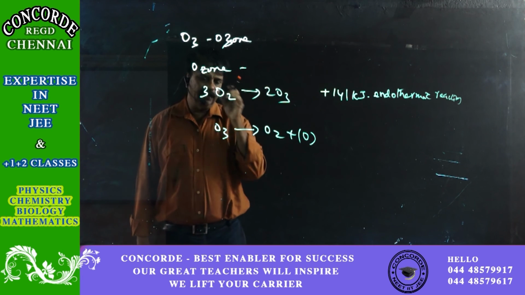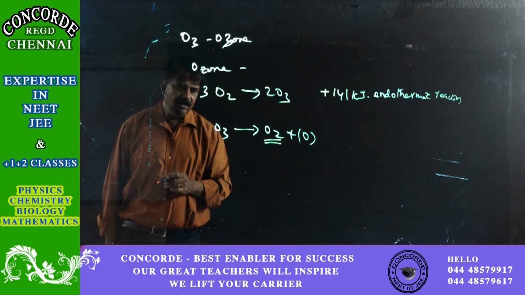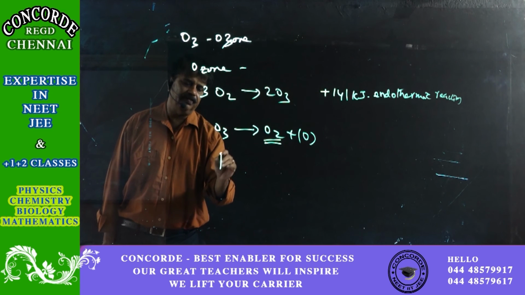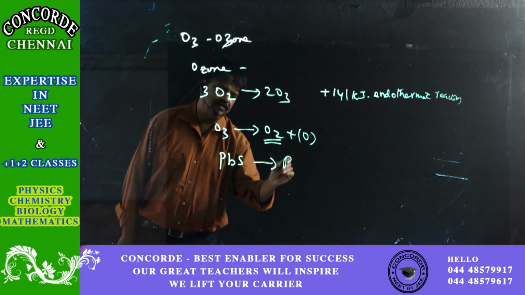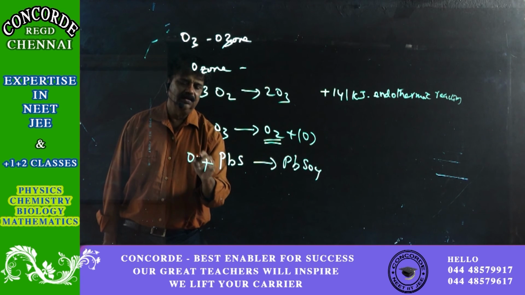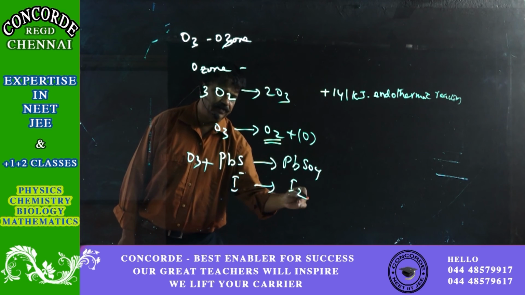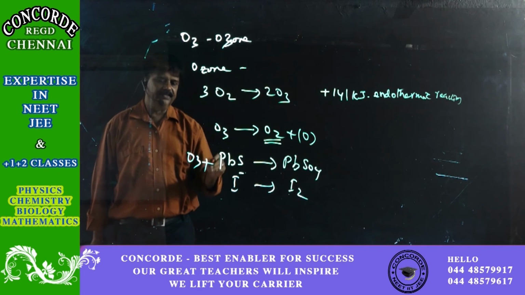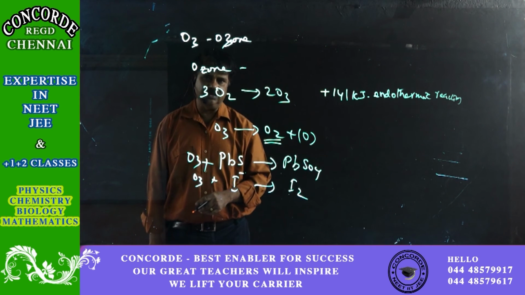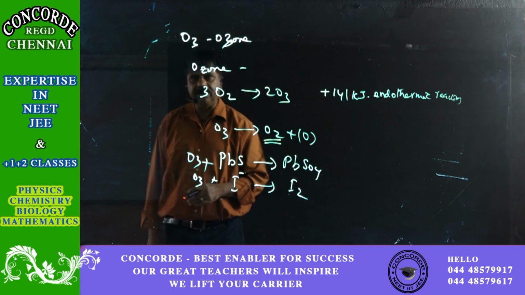So ozone, given a chance, becomes stable dioxygen and gives out that oxygen. Because of this, it is a powerful oxidizing agent. It oxidizes lead sulfide to lead sulfate, and when treated with any iodide salt, it displaces iodine gas from the iodide salt.